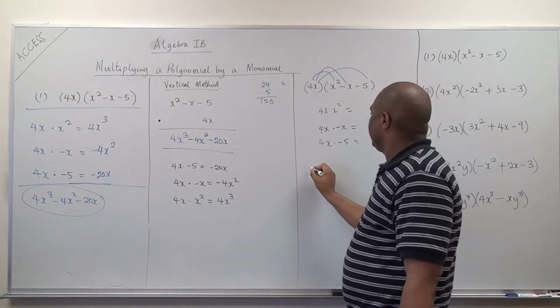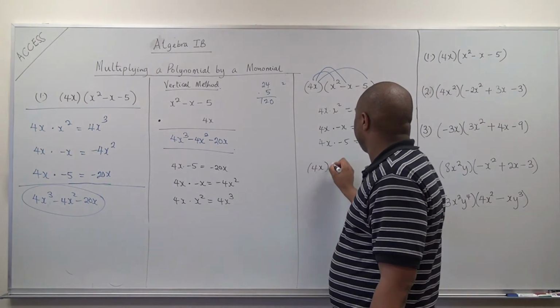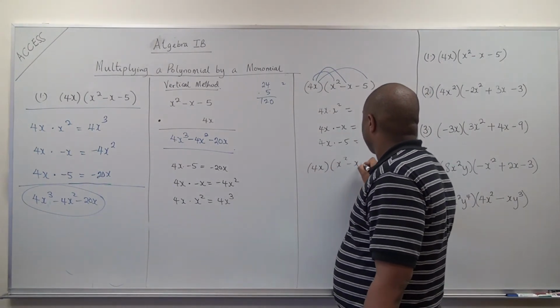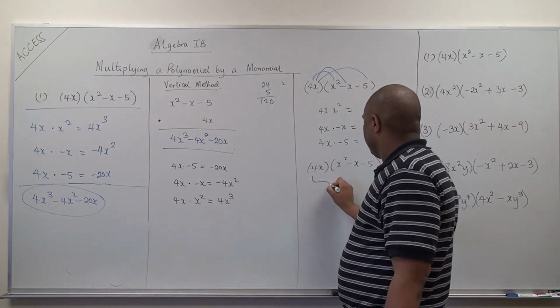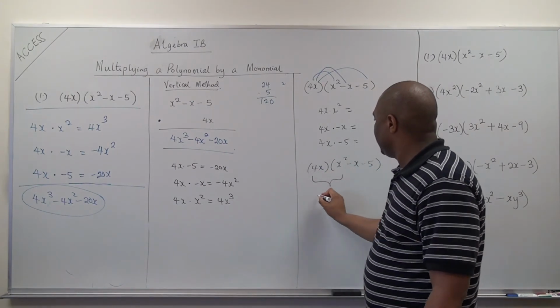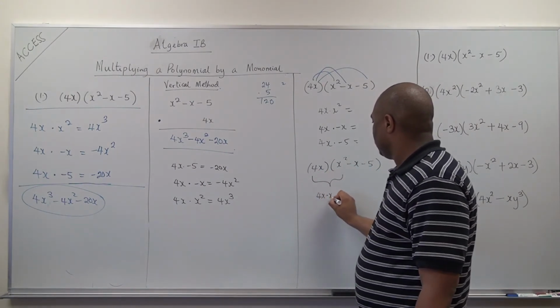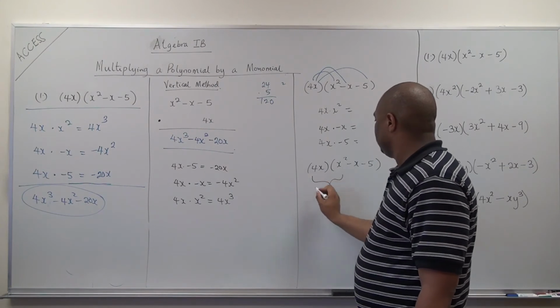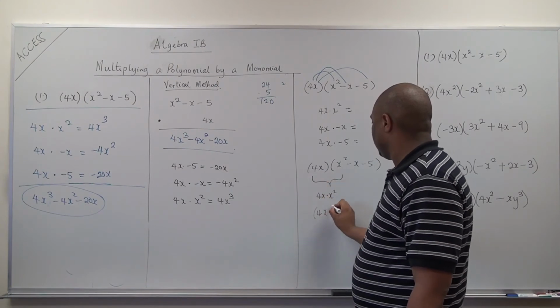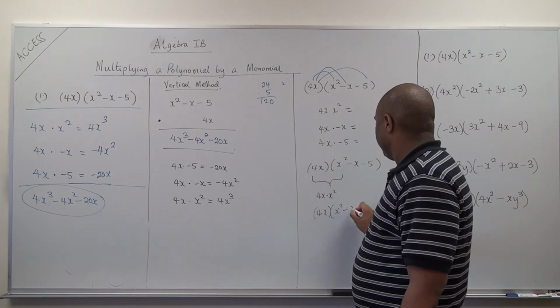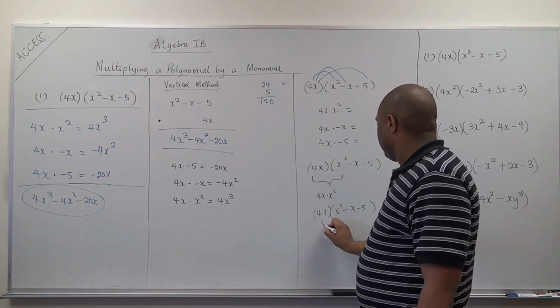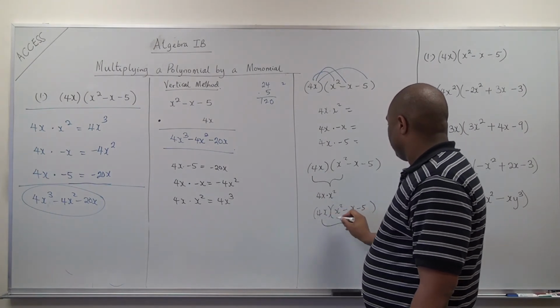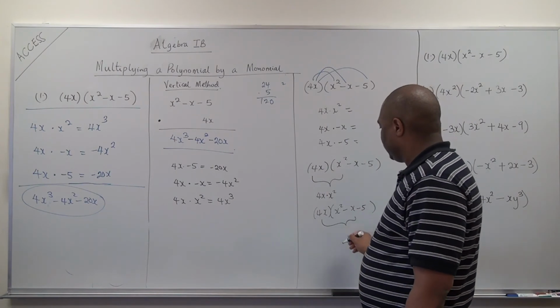Now some people might do it this way. This is 4x times x squared. And the next one, they write again, x squared minus x minus 5, 4x times negative x.